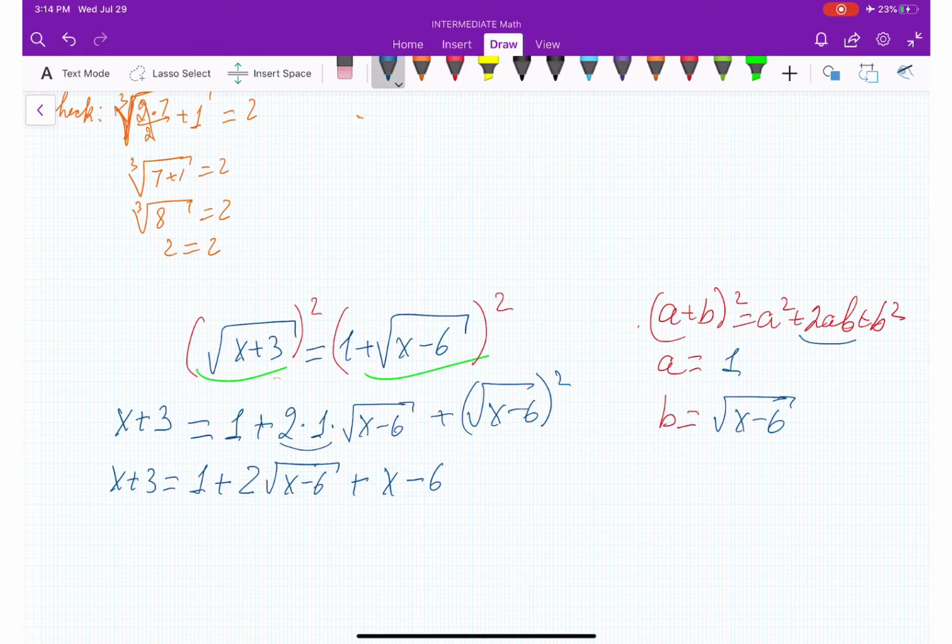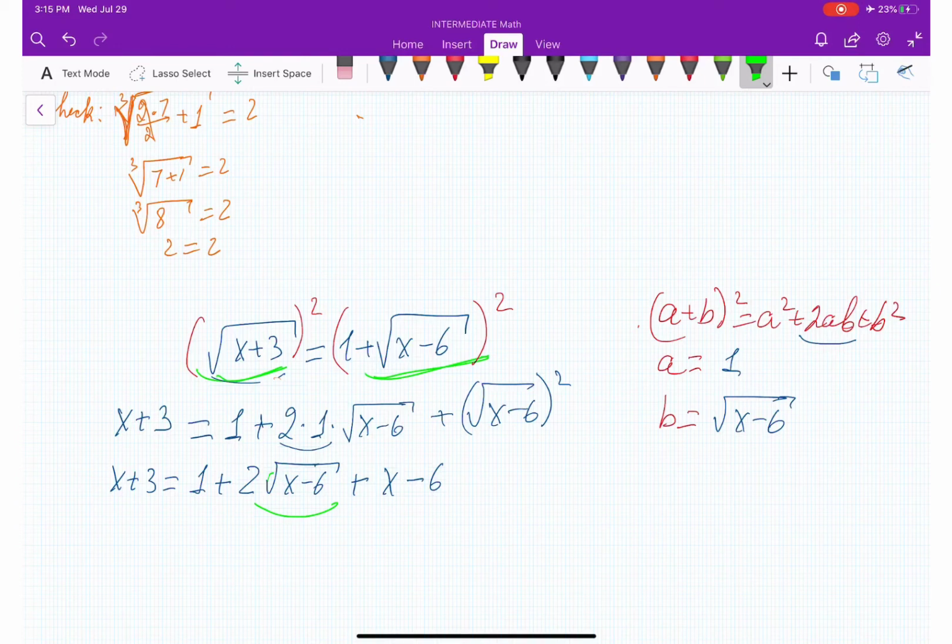Yes? All right. So out of 2 square roots, we ended up with 1. That's a good thing. So let's go through the same process one more time to get rid of this square root also. But before I do that, I need to clean here a little bit, combine like terms.